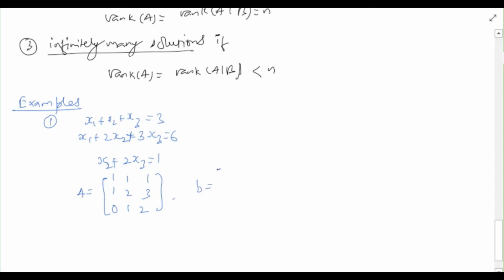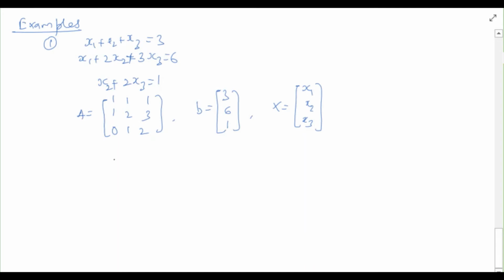The vector of constant terms B equals 3, 6, 1, and the vector of unknowns x is x1, x2, x3. The augmented matrix AB equals 1, 1, 1, 3, 1, 2, 3, 6, 0, 1, 2, 1.